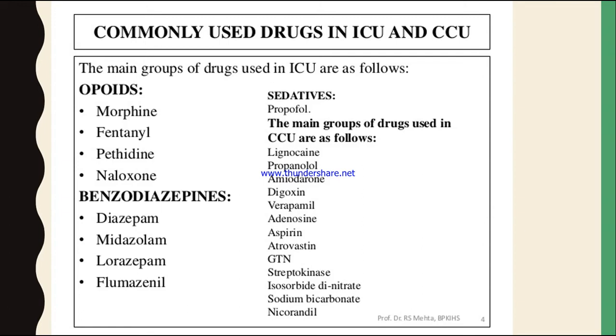Next, benzodiazepines like diazepam, midazolam, lorazepam, and flumazenil. Next, the sedatives like propofol. Then the main groups of drugs used in critical care units: lignocaine, propranolol, amiodarone, digoxin, verapamil, adenosine, aspirin, atorvastatin, nitroglycerin, streptokinase, isosorbide dinitrate, sodium bicarbonate, and nicorandil.